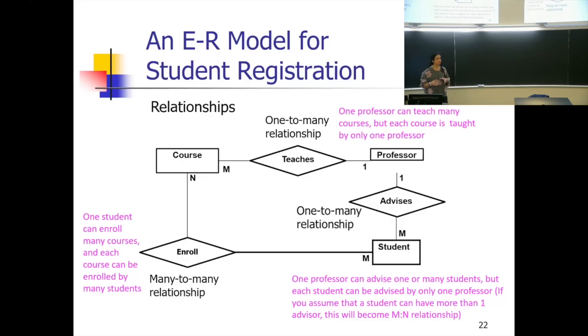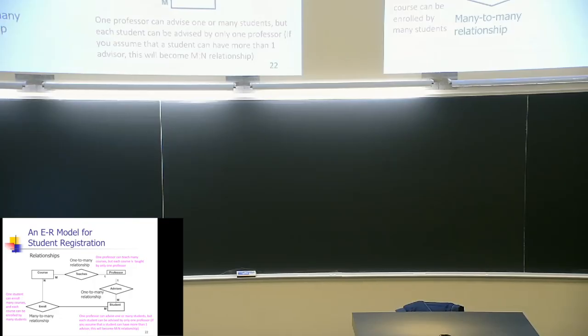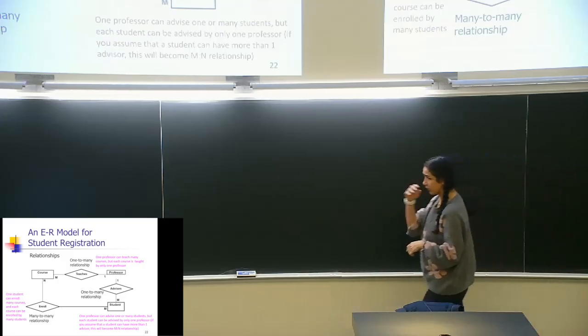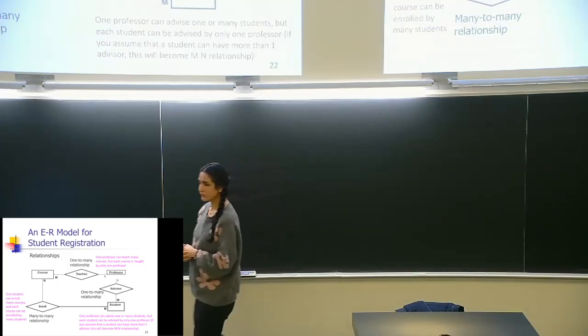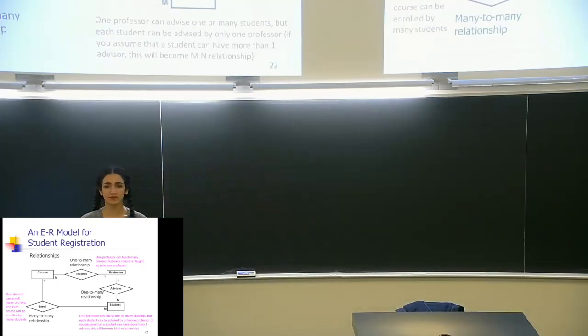So whenever you see many-to-many relationship, what do we do? If you have many-to-many, like for example, a student and course, how do you resolve that? Associative entities, right? And so associative or composite entity, we use it whenever we have many-to-many relationship.